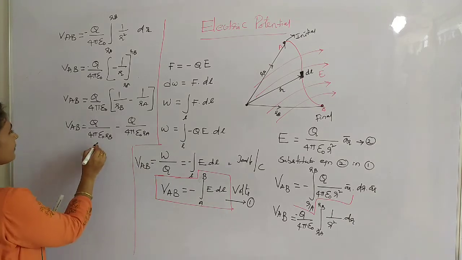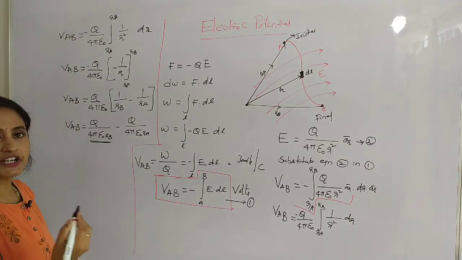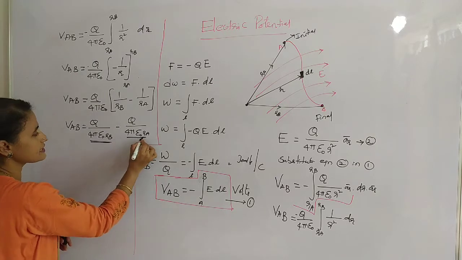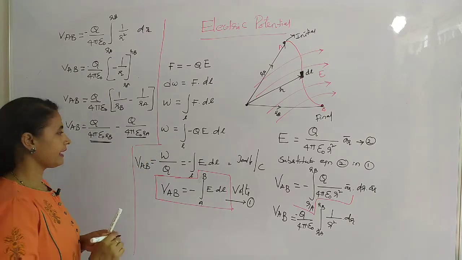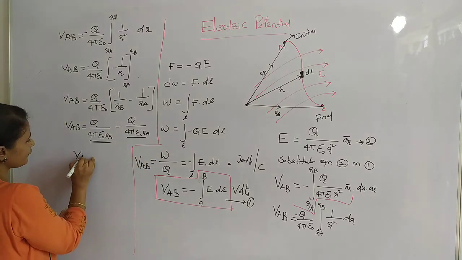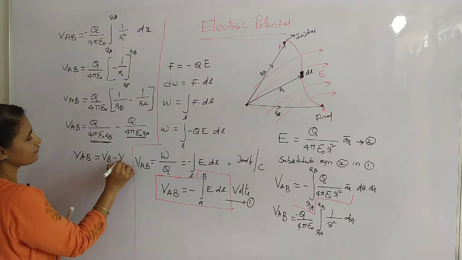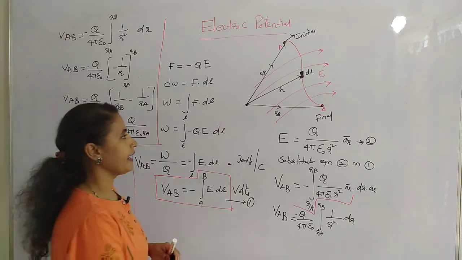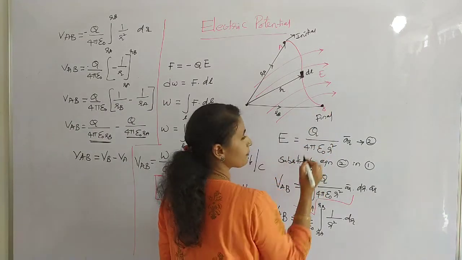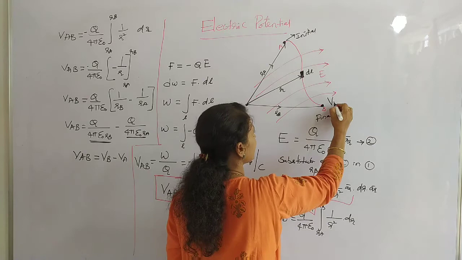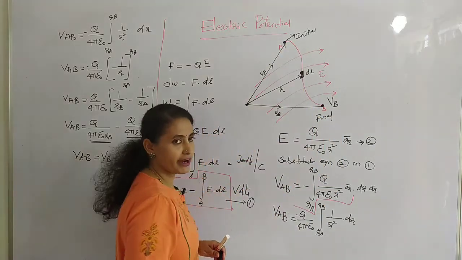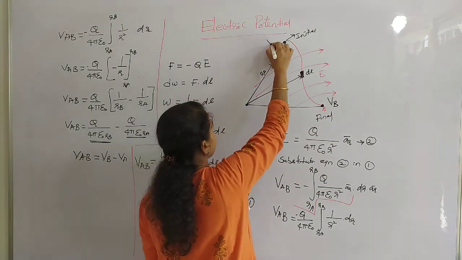So this term indicates the potential at point B, and this indicates the potential at point A. So I can write VAB as the potential at point B with respect to the potential at point A. Let the potential at point B be VB and the potential at point A be VA.